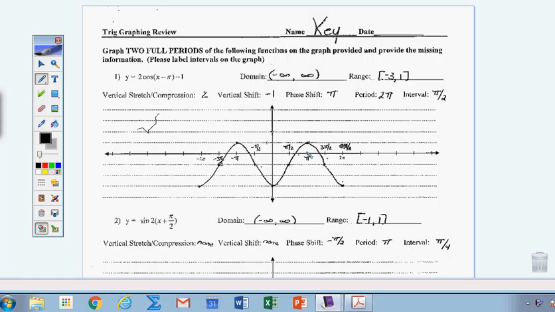So originally on my graph, my point was here, and my midline was here. And then I had another point down here. My graph went from 1 to negative 1. Well, if my top point right here shifted down to here, now my cosine graph goes from 0 to negative 2, with this being my midline.